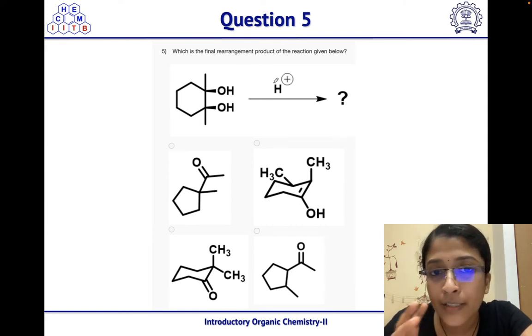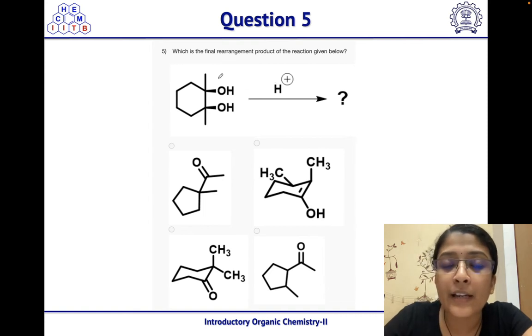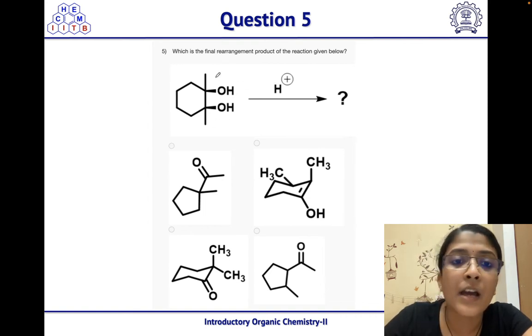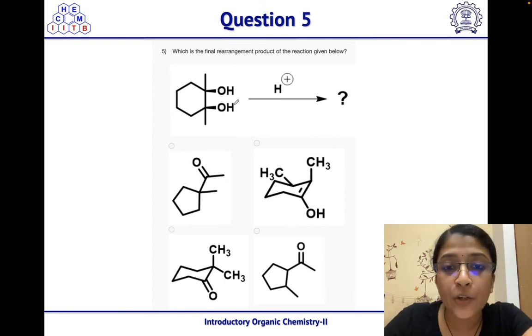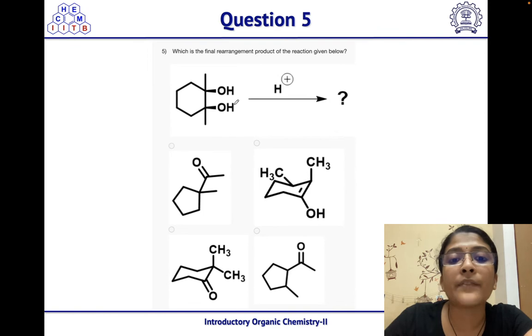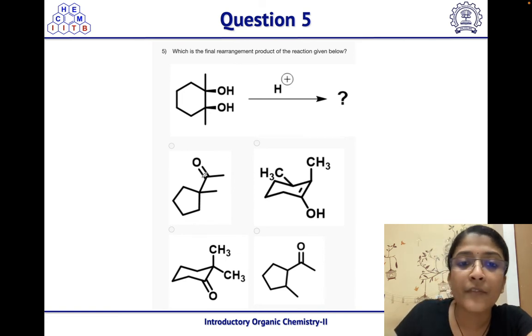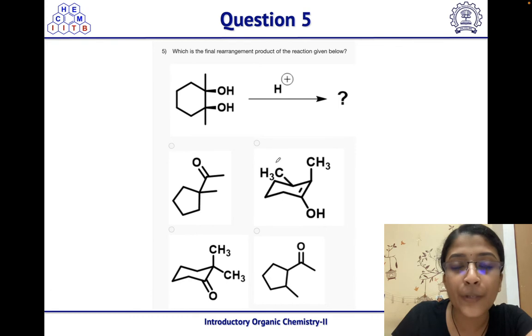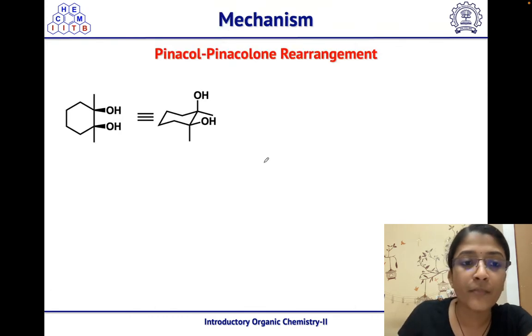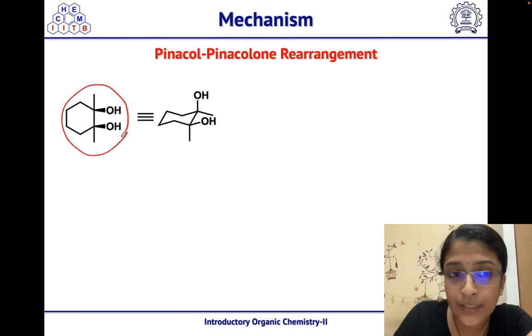It is clear that when there are two alcohols nearby on vicinal carbons, it will lead to pinacol-pinacolone rearrangement, and we will see why we will get one as a major product and not the other. Here two chances are given when we work out the pinacol-pinacolone rearrangement, and we will see why we are getting one as the major one. So here this is the diol that is given in the question.